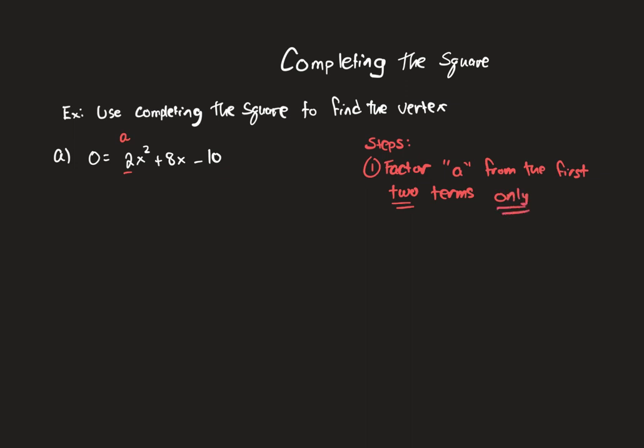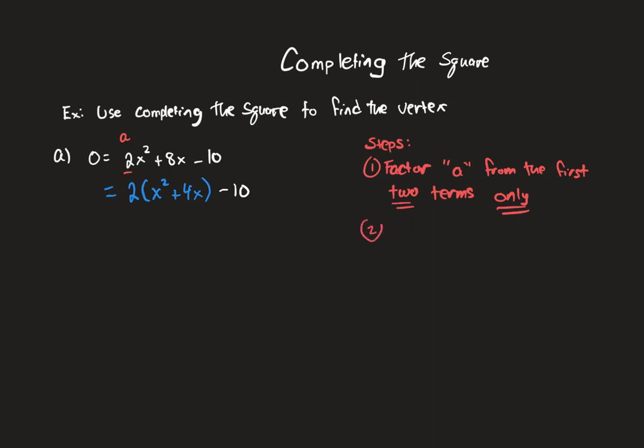You're not going to touch the negative 10. So you're going to take out the 2. If you take out the 2, you're left with the x squared plus 8. Well, 8 divided by 2 is 4. And at that point, you close your bracket. You're still going to be leaving the minus 10 outside.